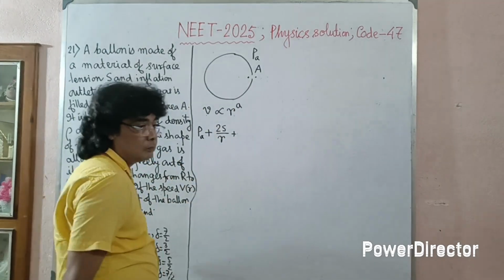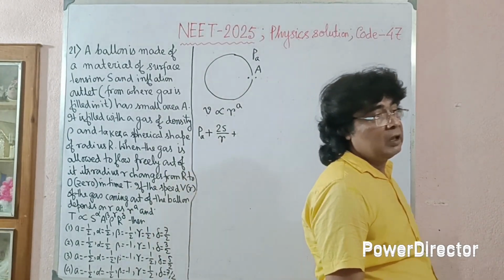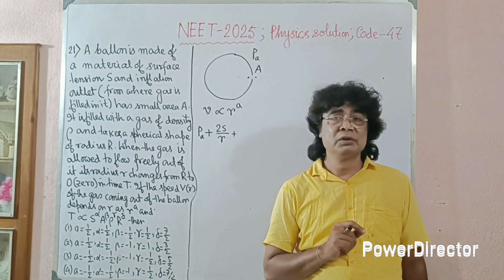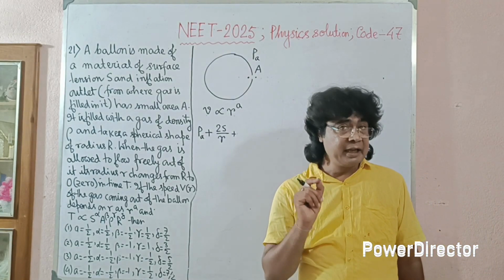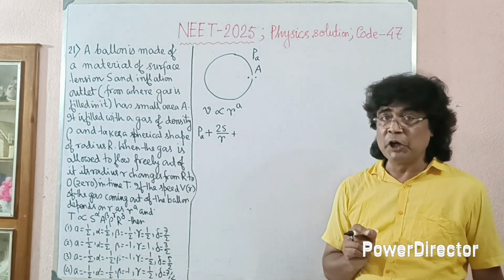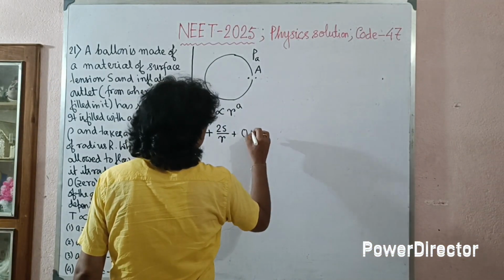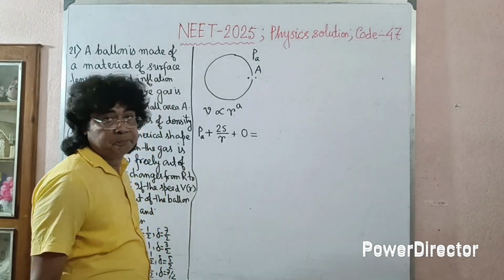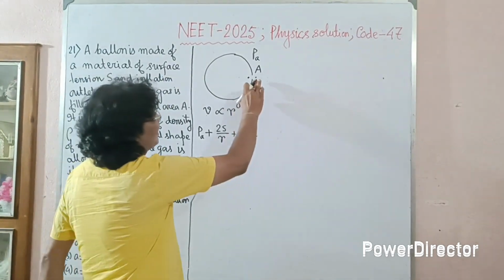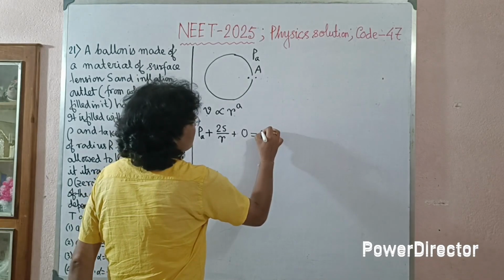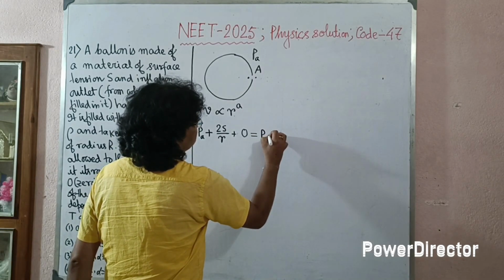Here the velocity of the gas is 0. So, kinetic energy per unit volume of the gas equals 0. Now, the outside point. For the case of outside point, pressure is atmospheric pressure.